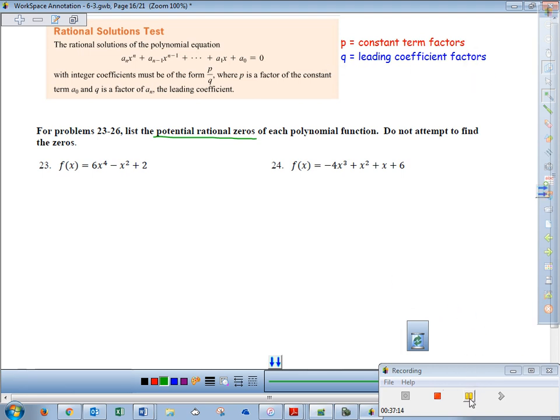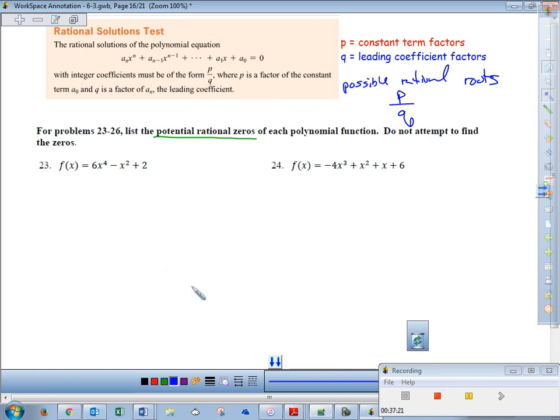Write that down real quick. Once you figure out all the P values and all the Q values, your possible rational roots are every combination of P over Q. Every single combination of P divided by Q.